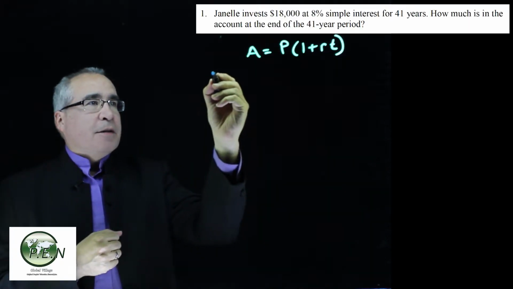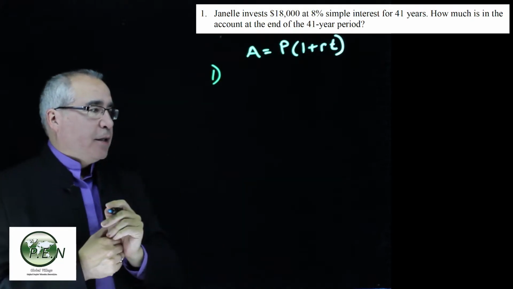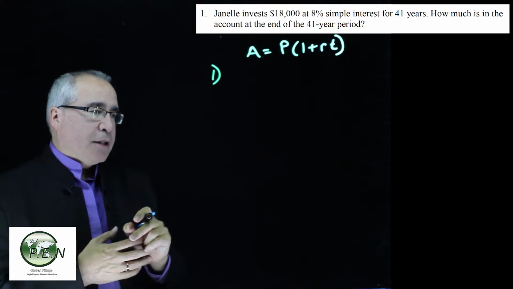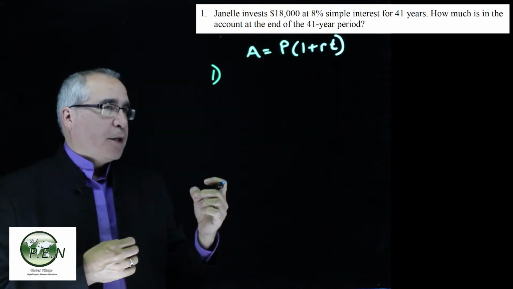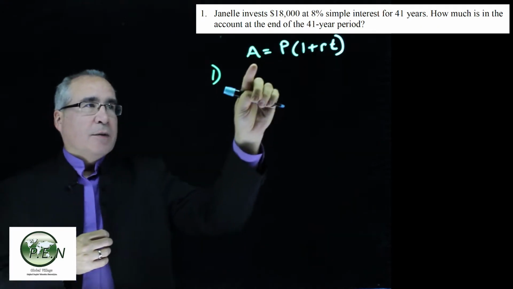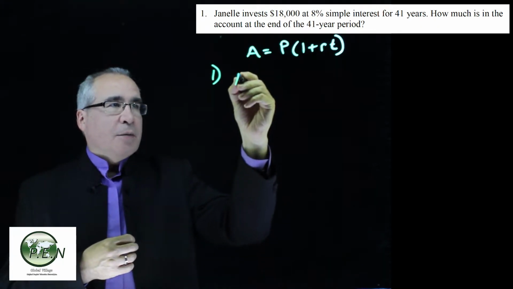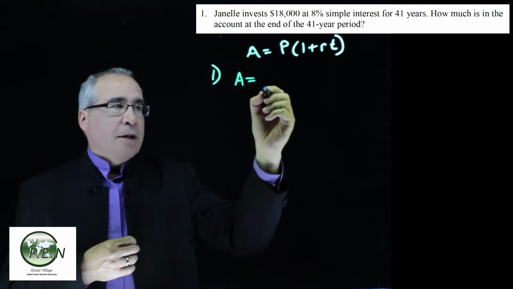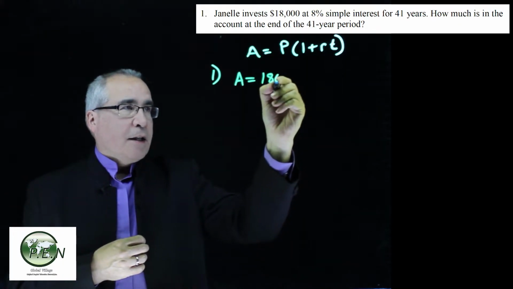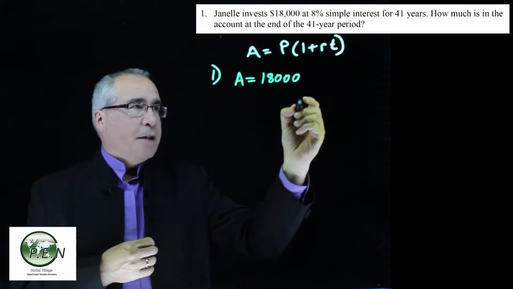But in this series of videos, we are going to look at how to apply it. Okay, so let's start off here with question 1. We've got Janelle investing $18,000 at 8% simple interest for 41 years. The question is how much will be in the account at the end? So what's the accumulated value? We put a principal or a deposit of $18,000, so that goes there.